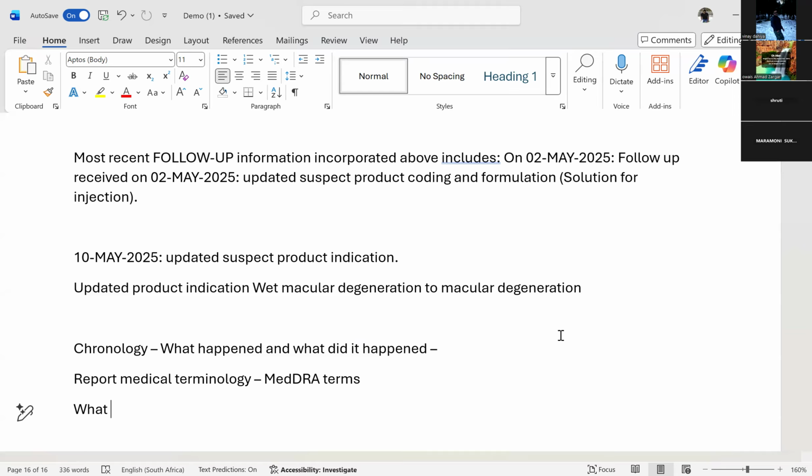Like there will be a team who will perform case intake and triage. There is a team who will perform data entry. There's a team who will perform medical review. There's a team who will perform quality review. And there's a different team who will submit the case to the regulatory authorities.